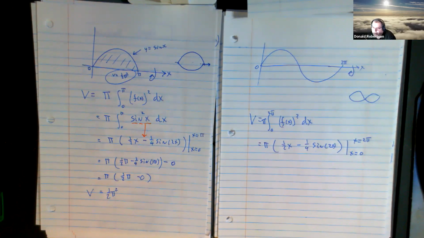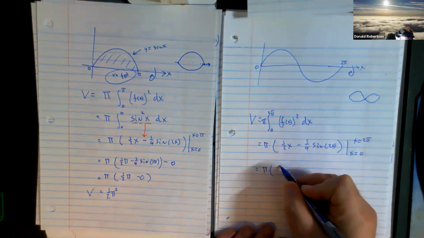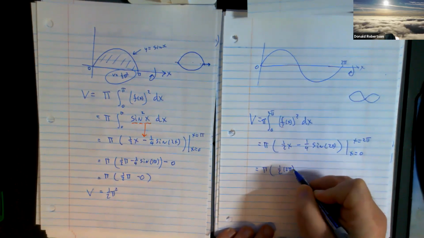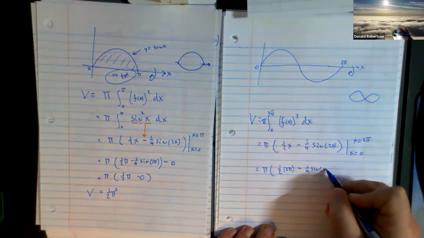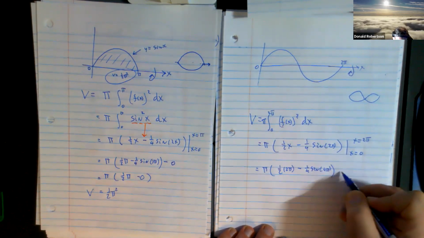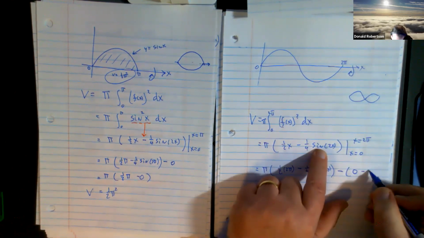Now, isn't that nice that this particular technique is so versatile that you don't need to tweak it when things end up below the x-axis or something like that happens? Now let's continue this one and see what we get. It's a 1/2 times 2 pi, take away 1/4 the sine of 4 pi, minus 1/2 times nothing is nothing, and that's nothing, so a whole load of nothings.